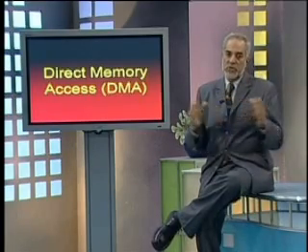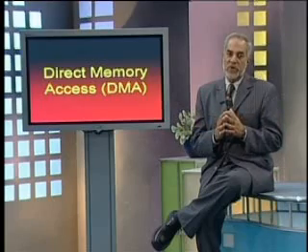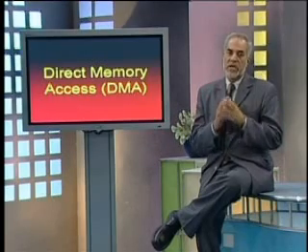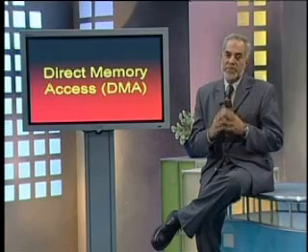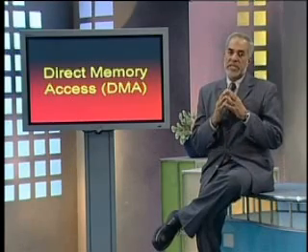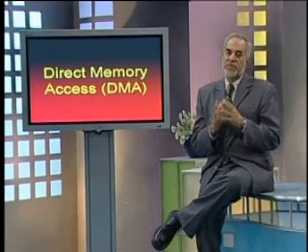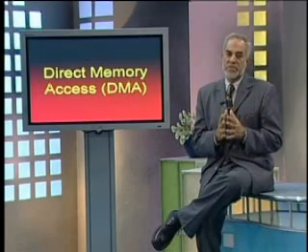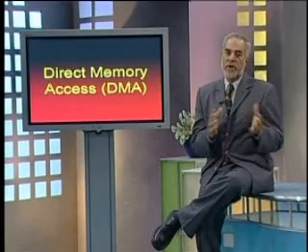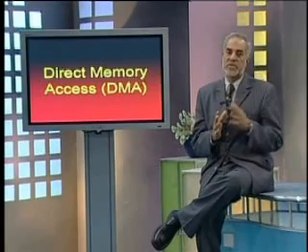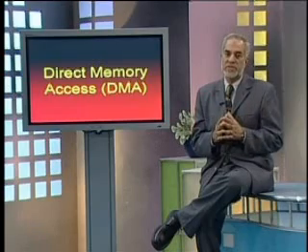You know that the system bus is involved. The advantage of direct memory access would be that we will be able to isolate the CPU from the active transfer of data to and fro from the IO subsystems to the memory subsystems.